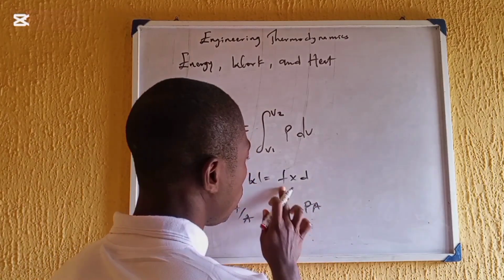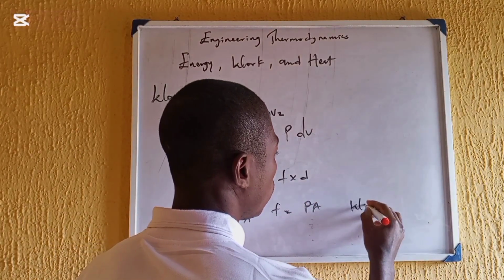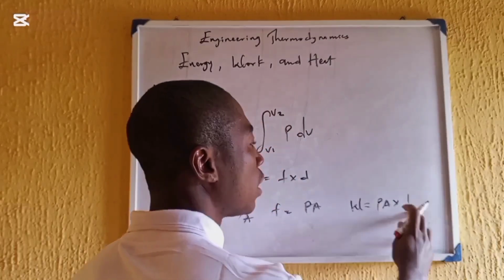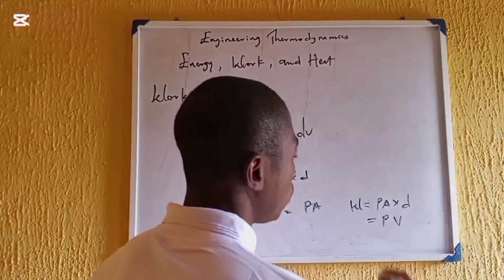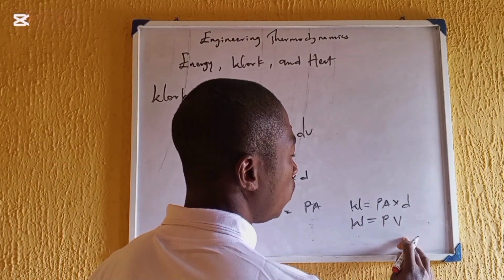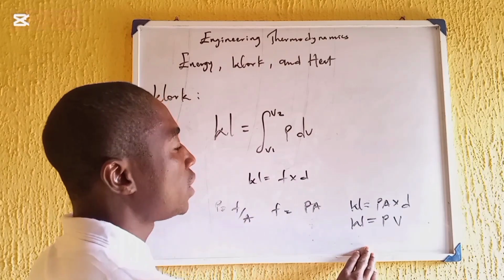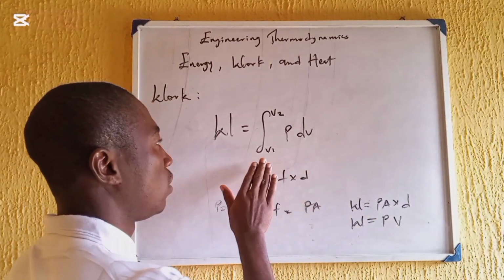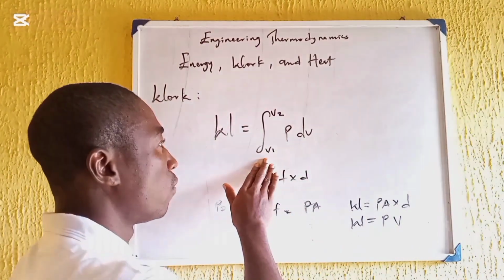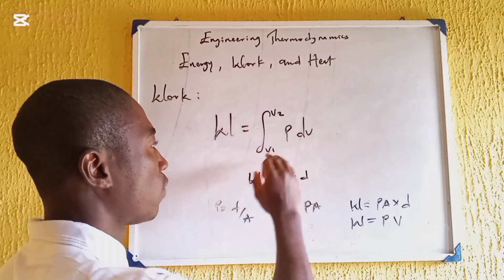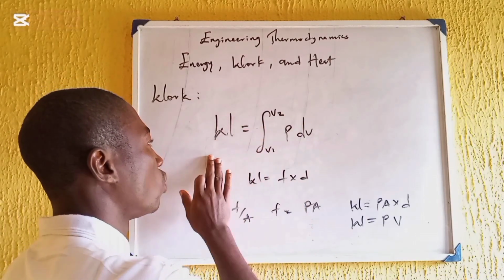So when we replace F with PA, we'll be having work is equal to PA times what? Distance. Remember that area times distance is equal to volume. So work is equal to what? PV. Remember that we'll be dealing with changes in volume. So a better way to represent this would be to use the integral form of it, where we'll have integral of P dV, that's from V1 to V2, is equal to what?